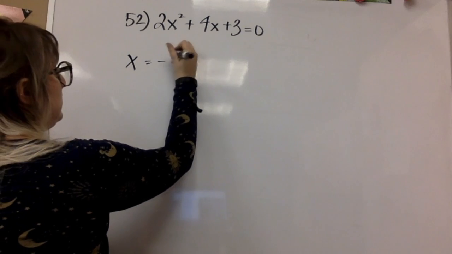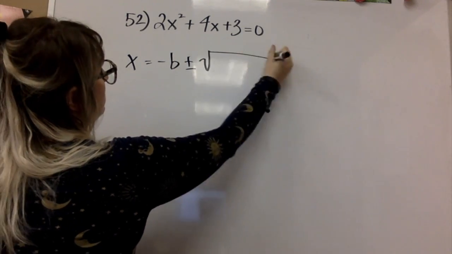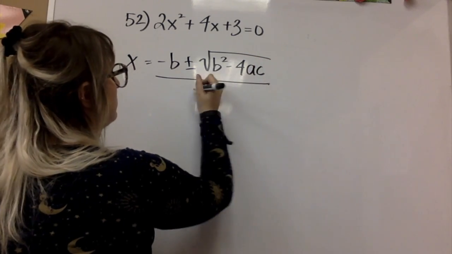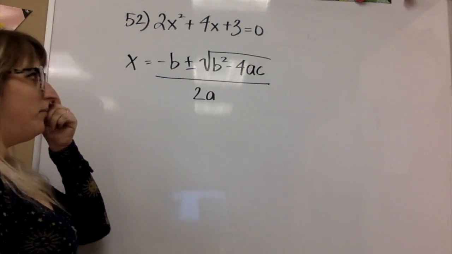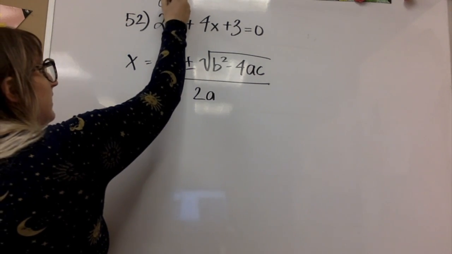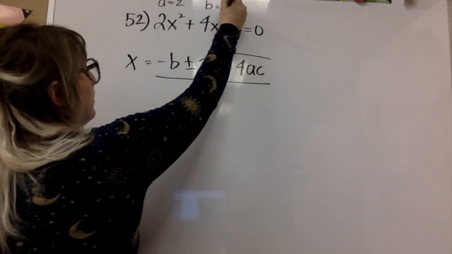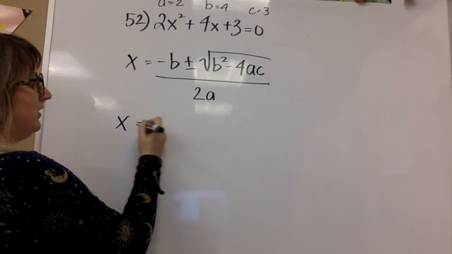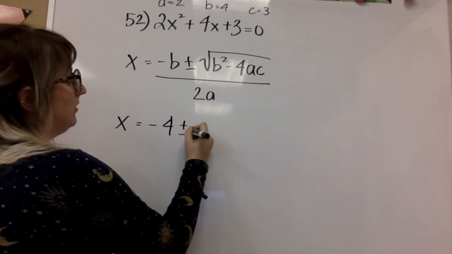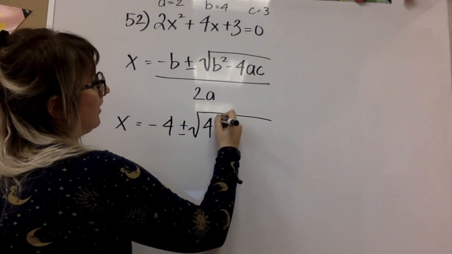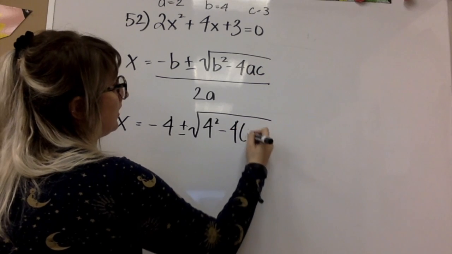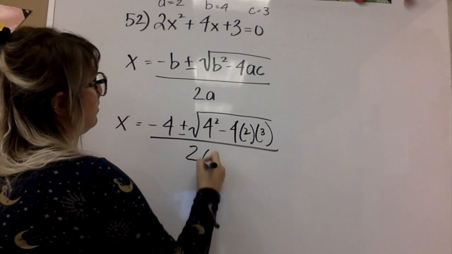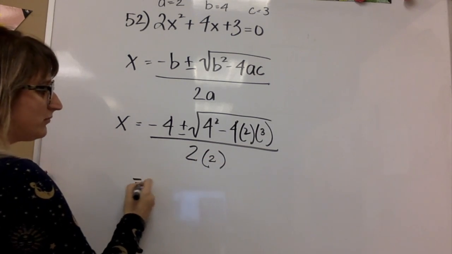X equals negative b plus or minus the square root of b squared minus 4ac all over 2a. Make sure you acknowledge what your a, b, and c are. So let's plug it in. So x equals negative 4 plus or minus the square root of 4 squared minus 4 times 2 times 3, all divided by 2 times 2.